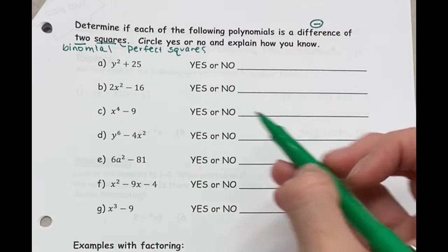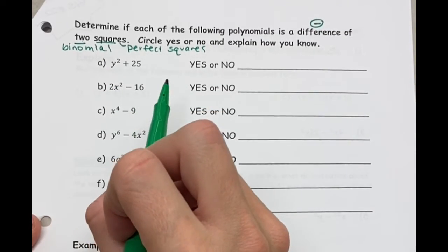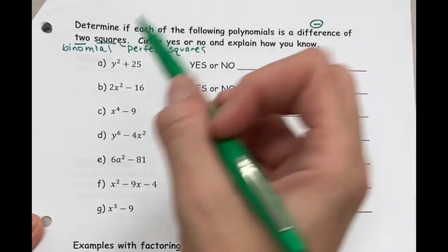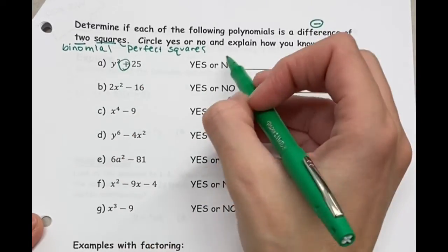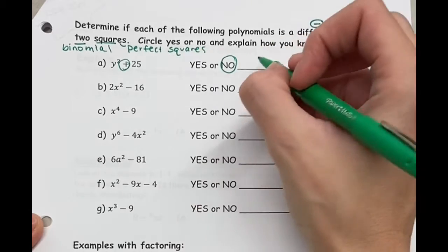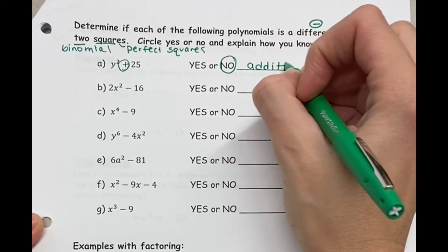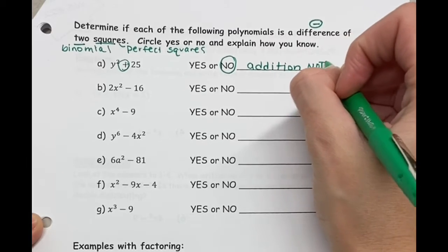So we're going to look here. Look at A. Is this a DOTS problem or not based on the criteria? First we look, is there subtraction? And I look here, and no, it would not be a DOTS problem because there is addition, not subtraction.